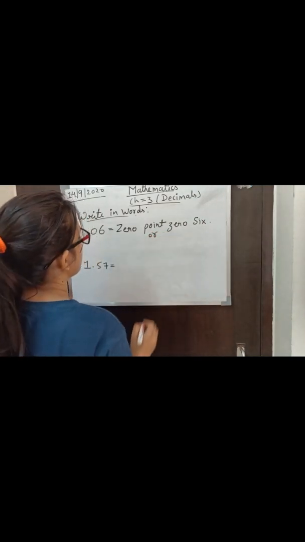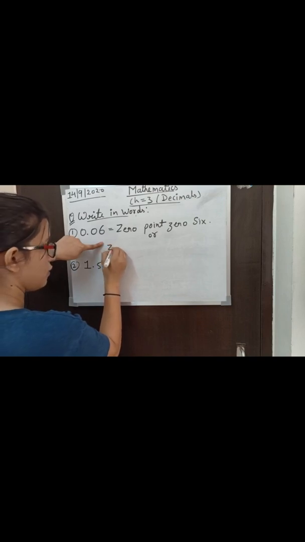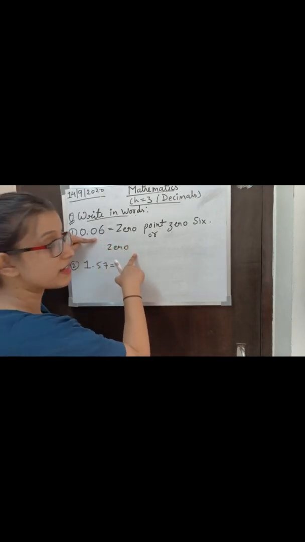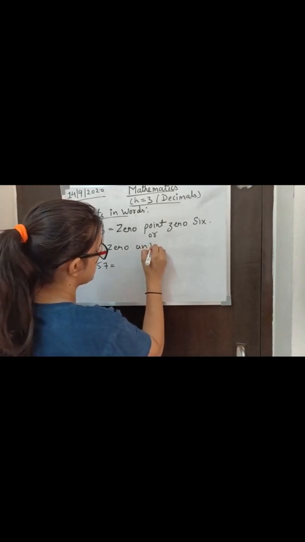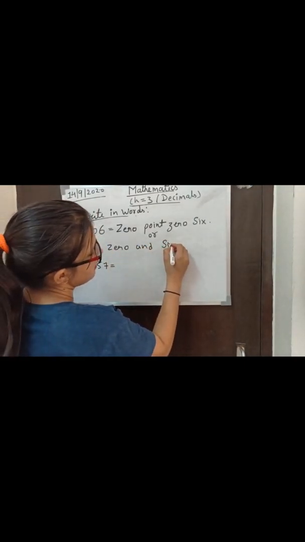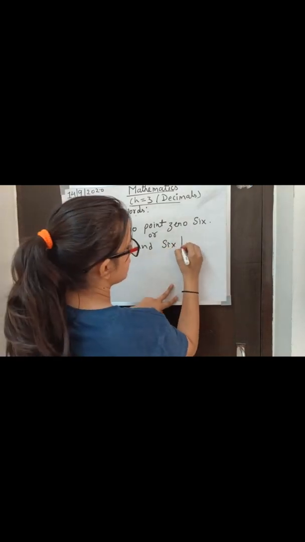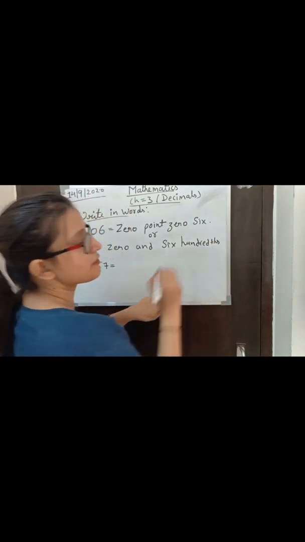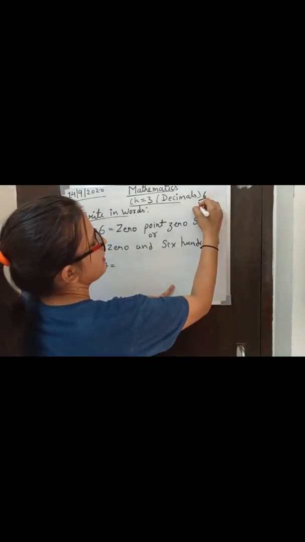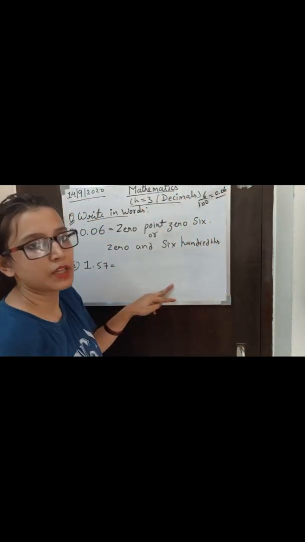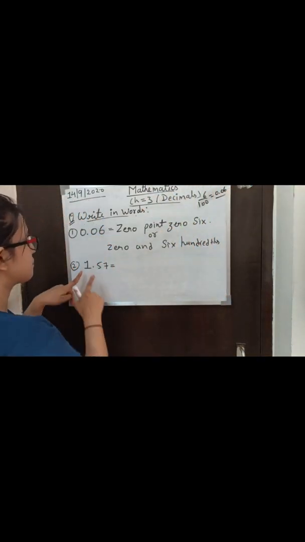In another way, we can also write it like this: 0, the whole part, but here we will not write point. We will write and. 0 and 6 hundredths. What is the meaning of 6 hundredths? Basically 6 by 100, or we can say 0.06.